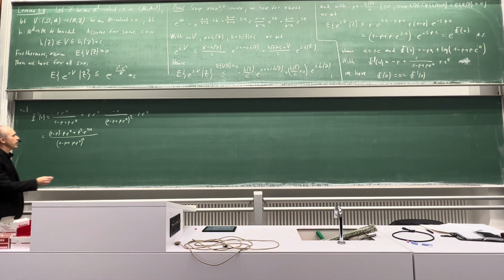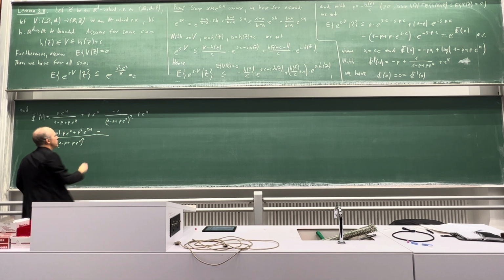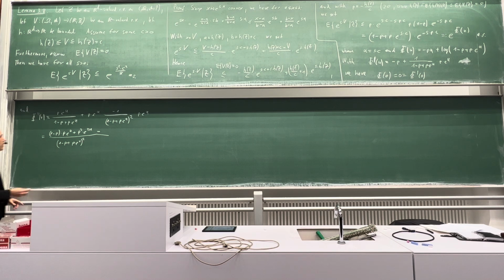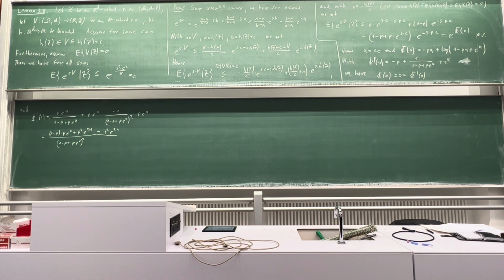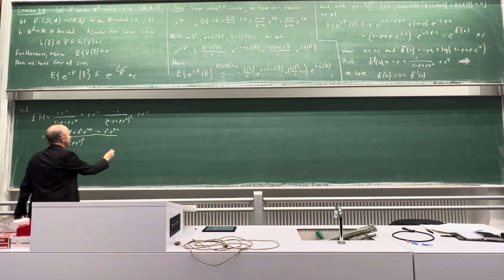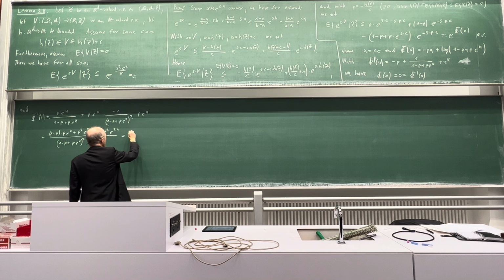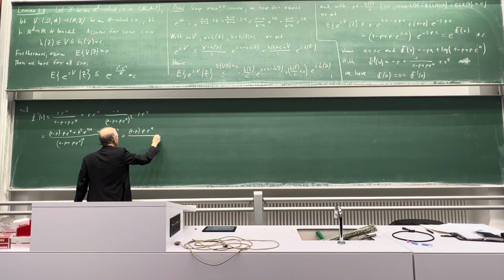And then I make a minus: from the other one I just get minus p squared times exponential of 2u. Then you see the whole thing cancels, and then it's 1 minus p times p times exponential u divided by 1 minus p plus p times exponential u, squared.